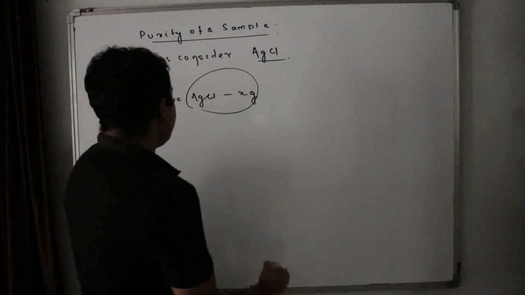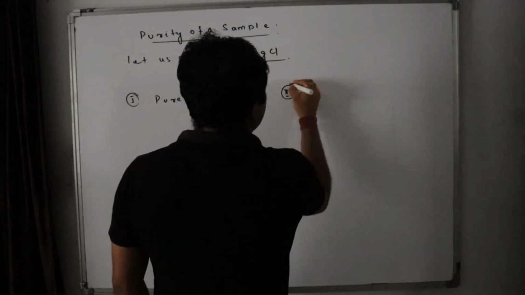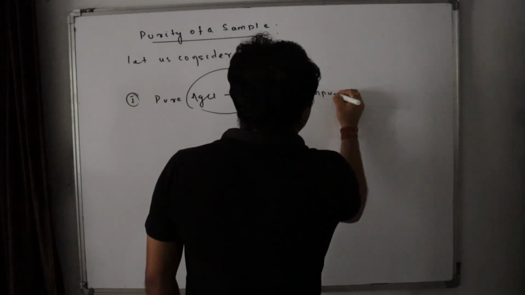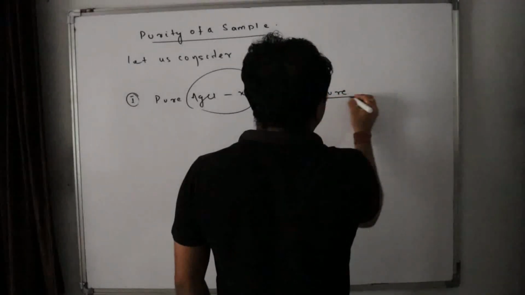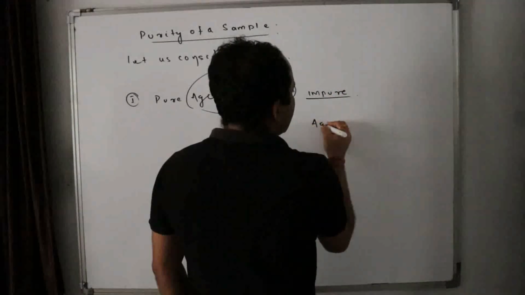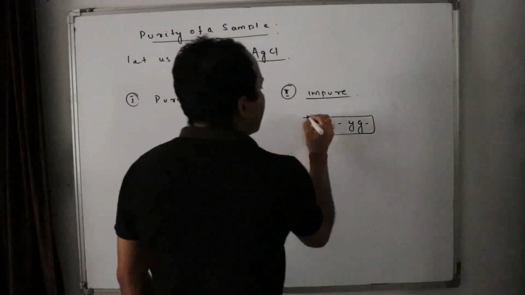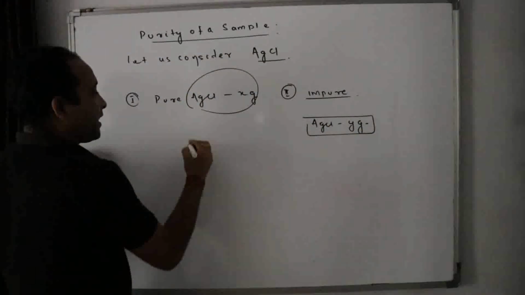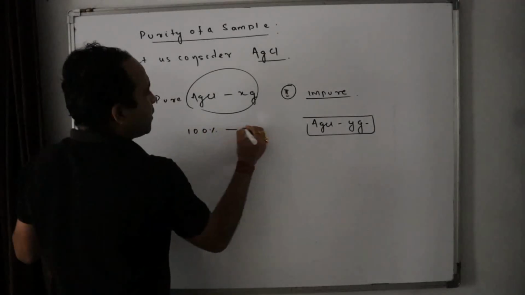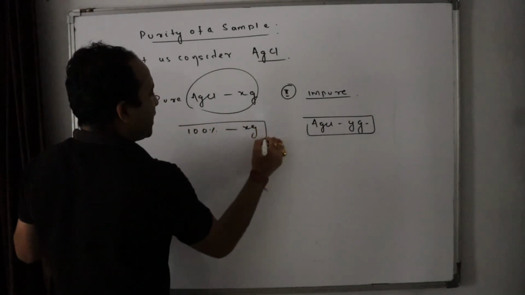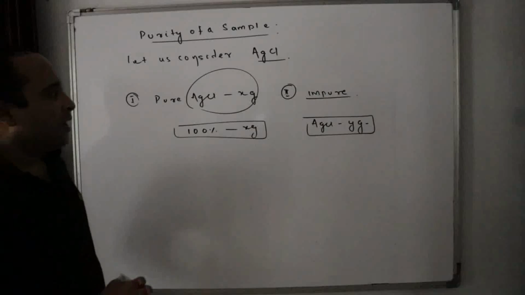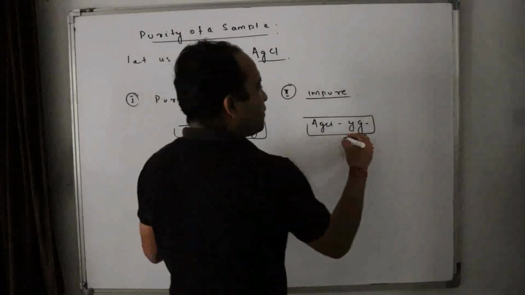Now in the second case, an impure sample is taken, out of which AgCl is y gram. If x gram is taken, it is 100% pure AgCl. Now if I take an impure sample, AgCl is y gram.